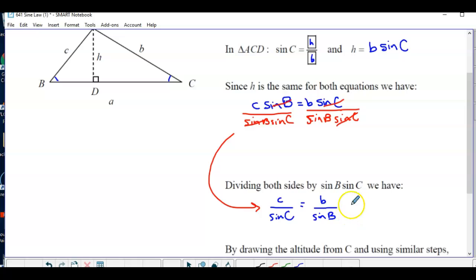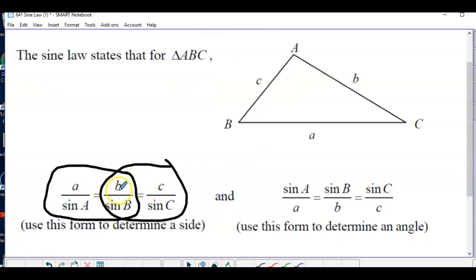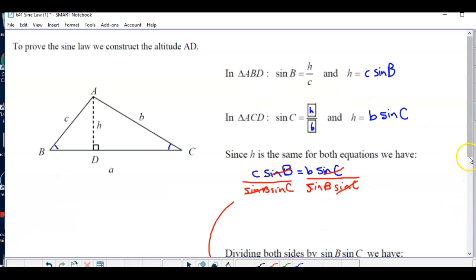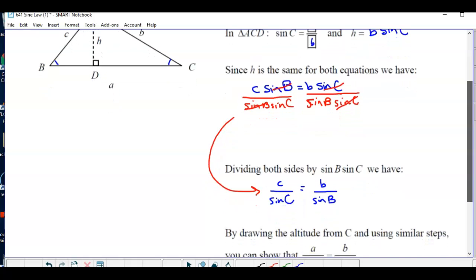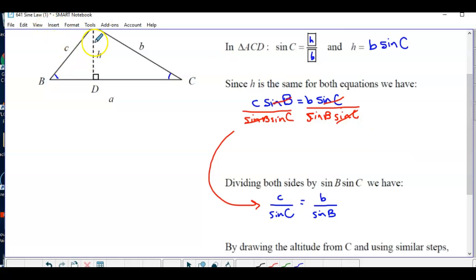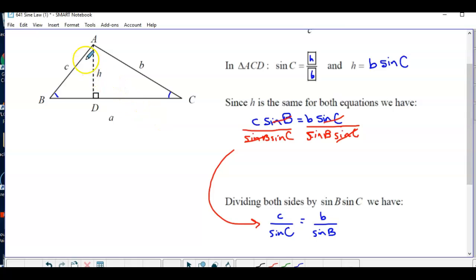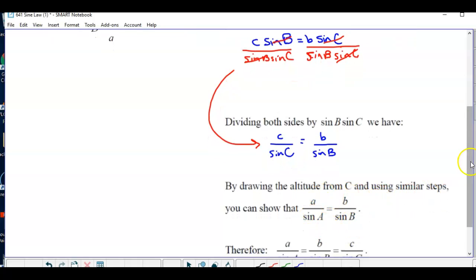Actually, not the first part. If you look back, B's and C's, that's the second part, the second circle that I have. That's how we can get that relationship. If we were to then draw the altitude from C and use similar steps, splitting it into two triangles, we would get this relationship.